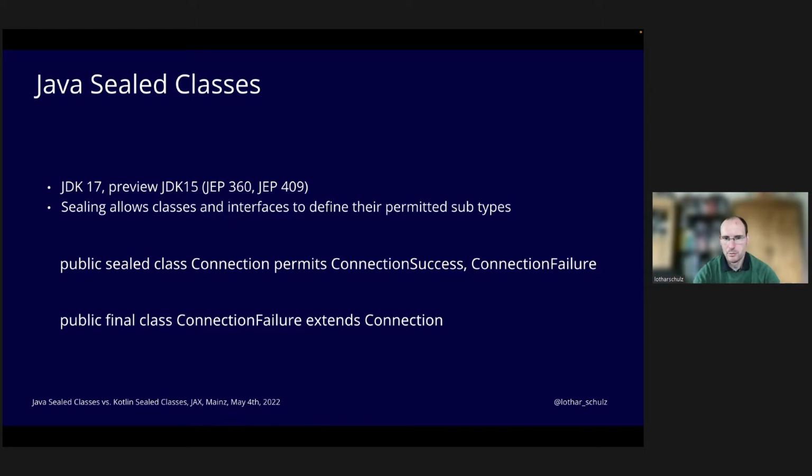Then you use the permits keyword to tell the compiler the following classes are the ones that Connection permits. Those are the permitted subtypes. In this example the permitted subtype can be a final class, and once you define the final class, you also have to tell the compiler that this final class is going to extend the sealed class, which is in this case Connection.